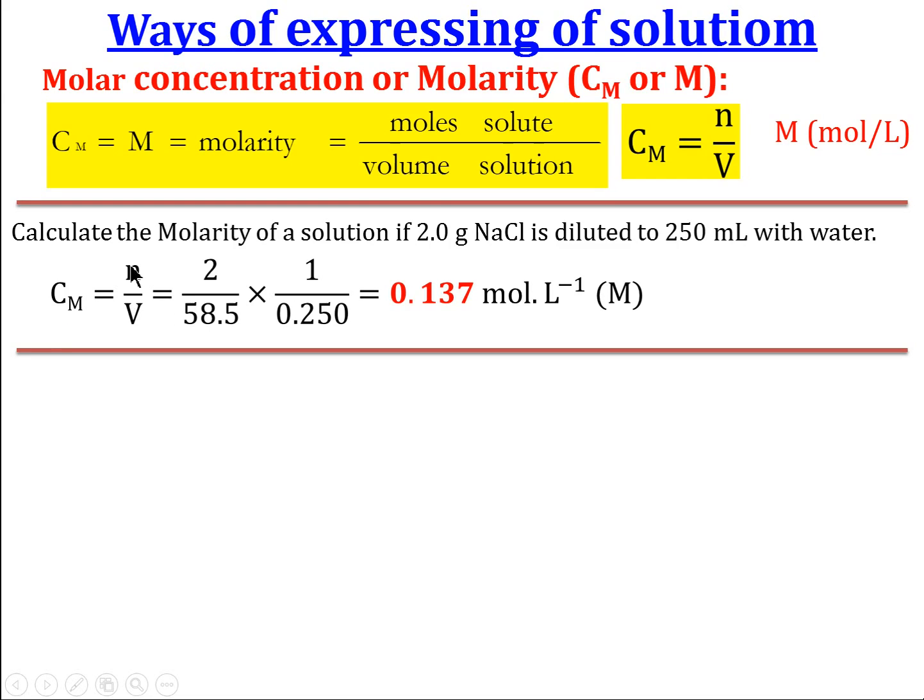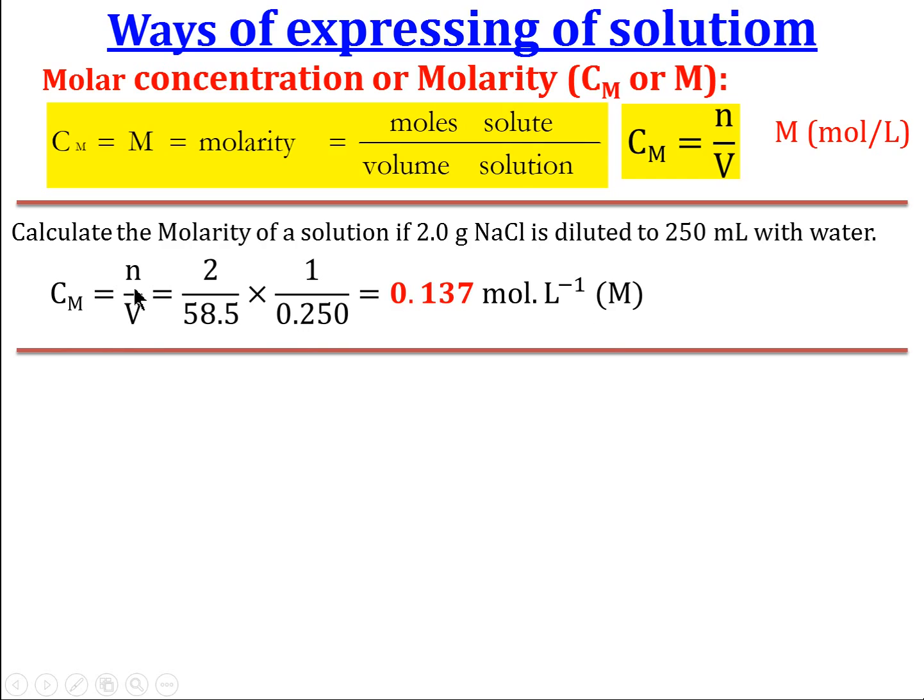The molar concentration is equal to the number of moles of solute divided by the volume of the solution, and the number of moles of solute is equal to the mass of the solute, which is 2 grams, divided by the molar mass of NaCl, equal to 58.5, divided by the volume of the solution in liters, which is 0.25 liter, equal to 0.137 mole per liter, or molar.